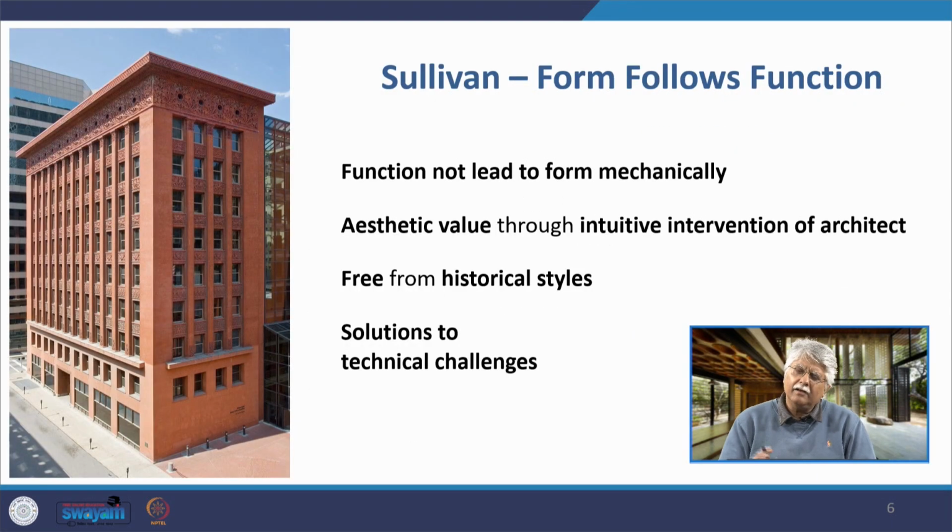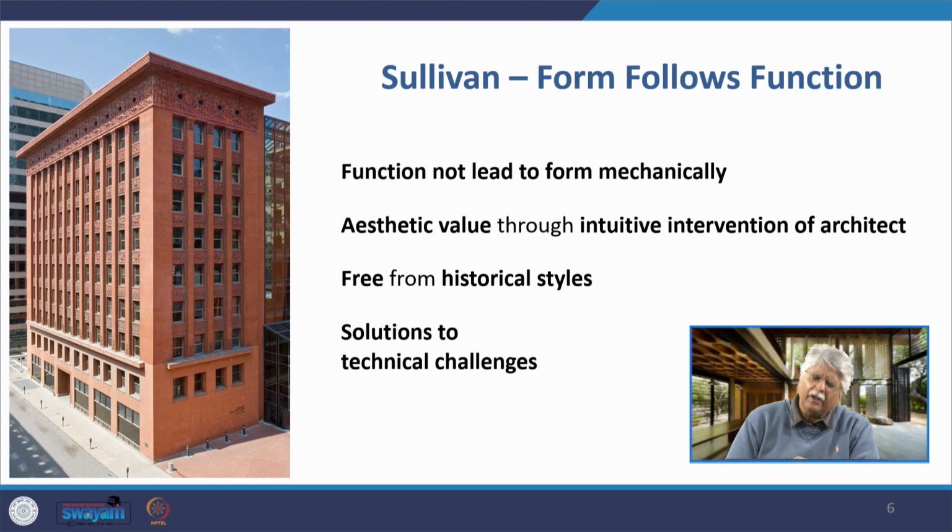But he said that form doesn't automatically arise out of function; it requires an intuitive intervention of the architect to give the building an aesthetically pleasing form. Also, the building ought to be free from all past styles, and should be a solution to the technical challenges posed by such a tall building.